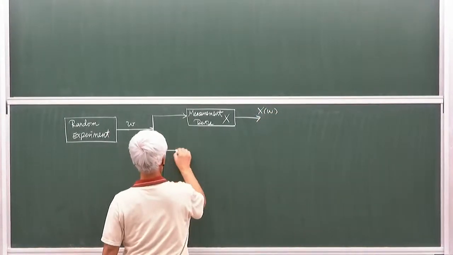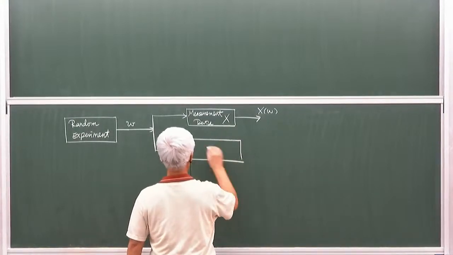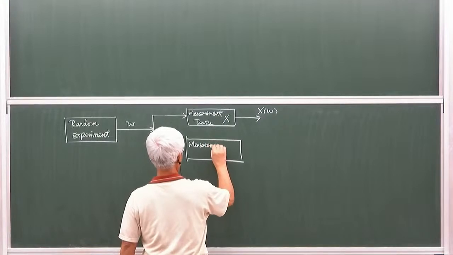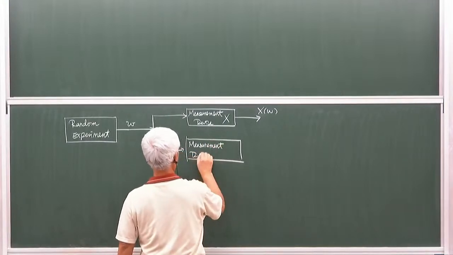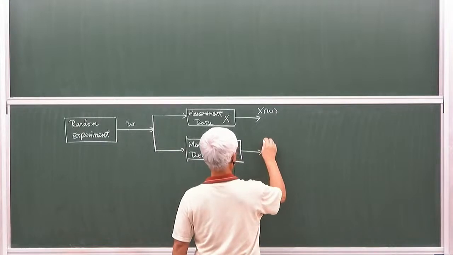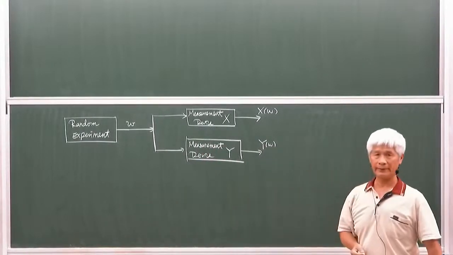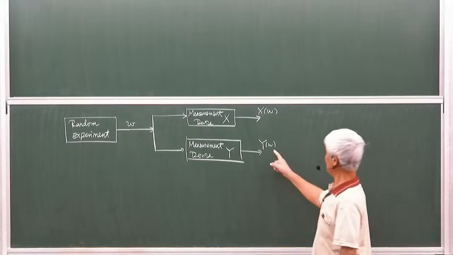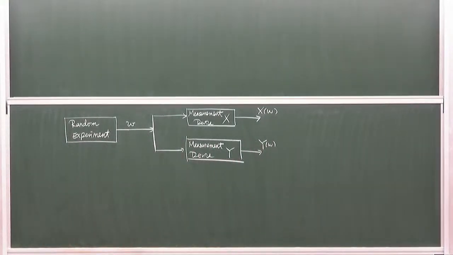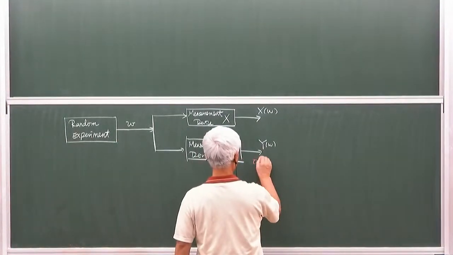And another measurement device, Y, which gives us Y of omega, and this value is observed.